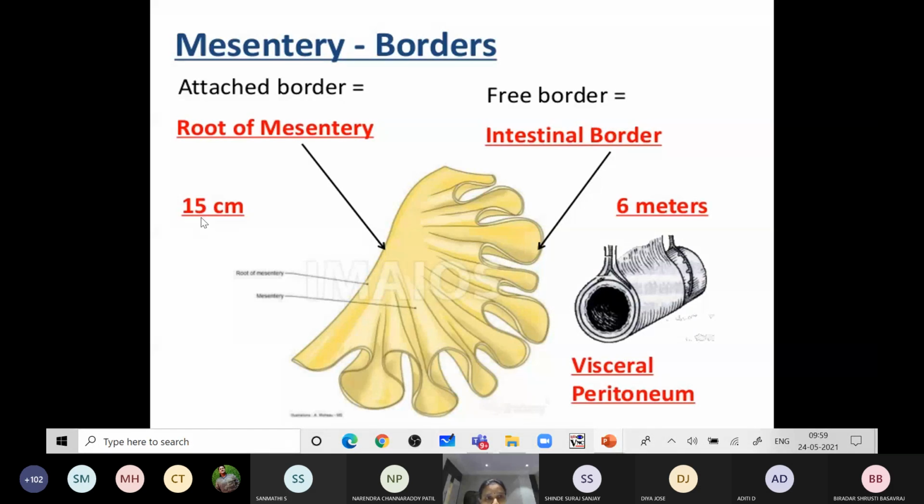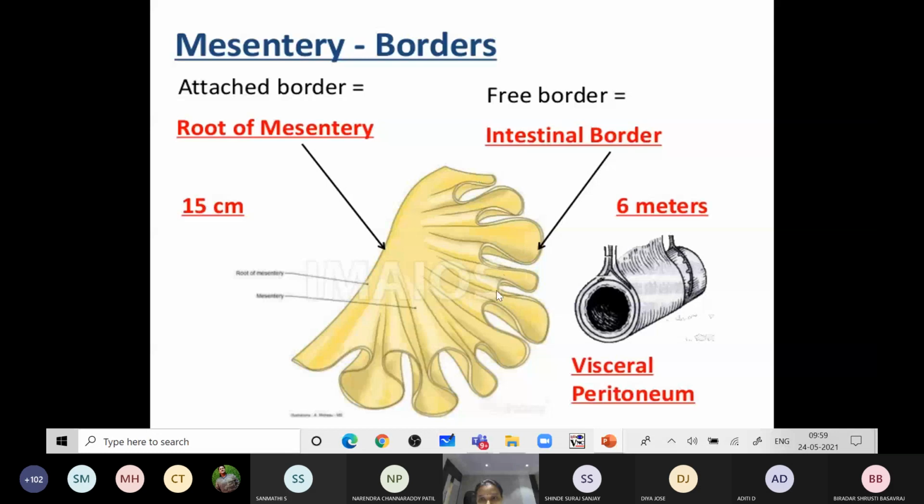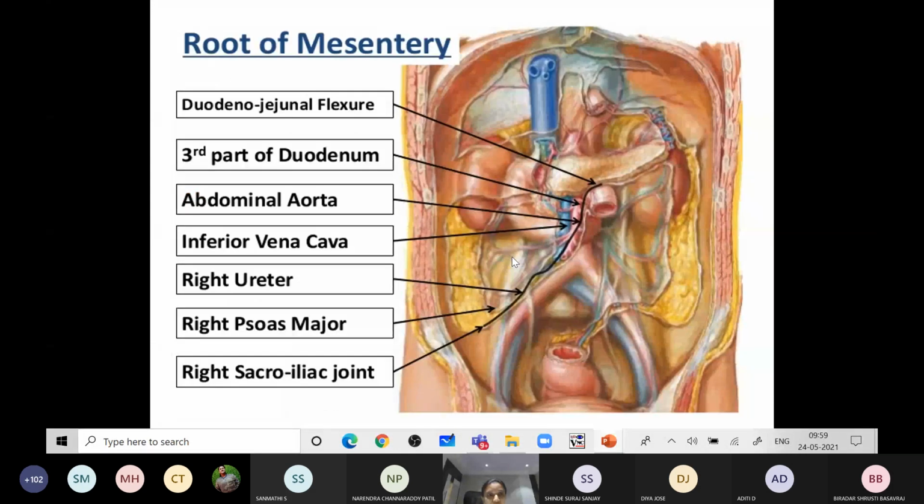At the root, the length is only 15 centimeter, whereas at the intestinal border, as it suspends the coils of the small intestine, the length is 6 meters. There is a discrepancy in the length of the attached border and the free border.